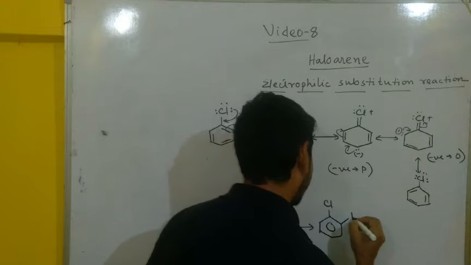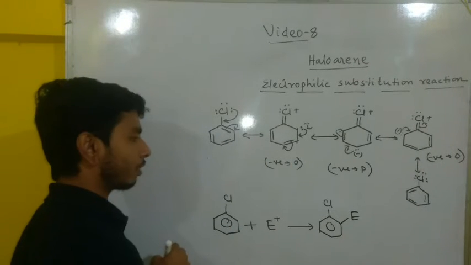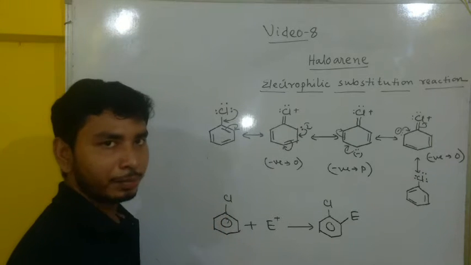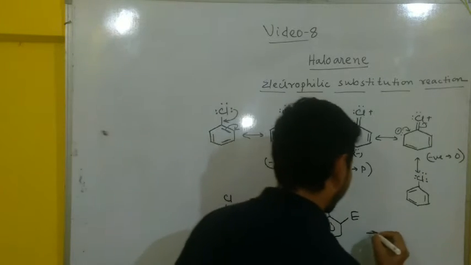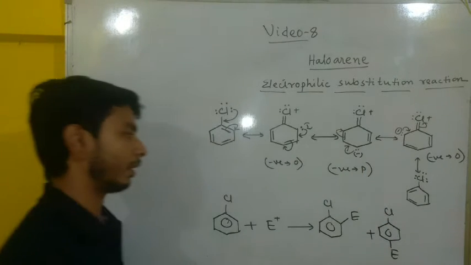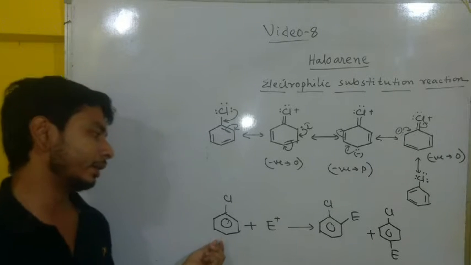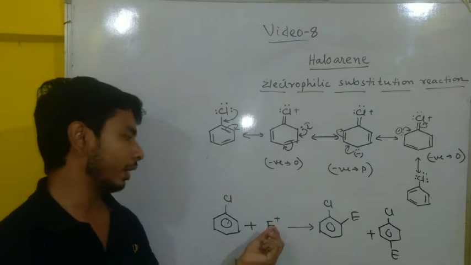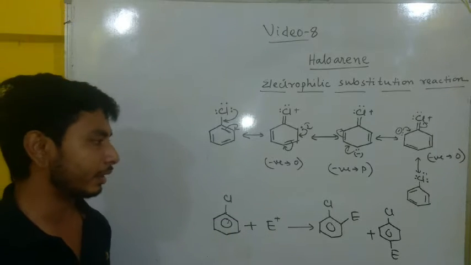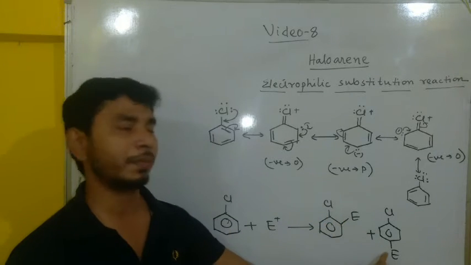chlorobenzene with the electrophile in the ortho position, because ortho position is electron rich. Also para position is electron rich. So plus chlorobenzene with the electrophile in the para position. So when chlorobenzene reacts with any electrophile, the electrophilic substitution reaction will take place in the ortho position and para position.